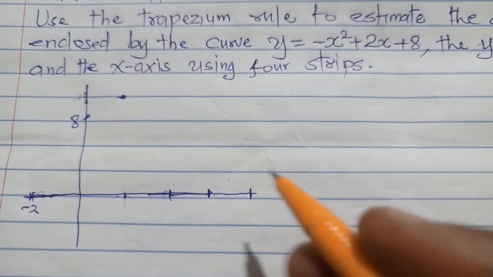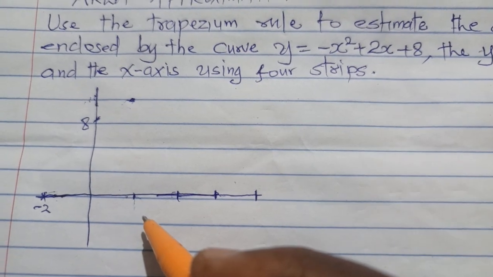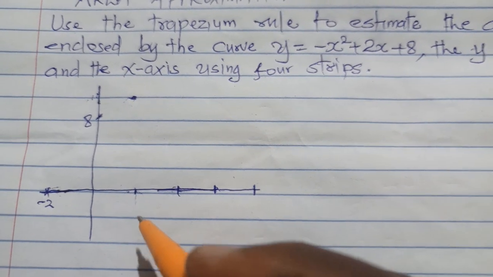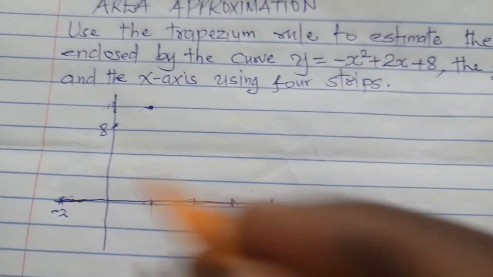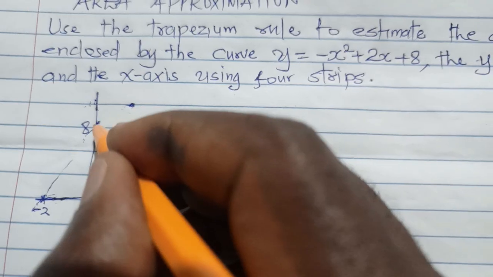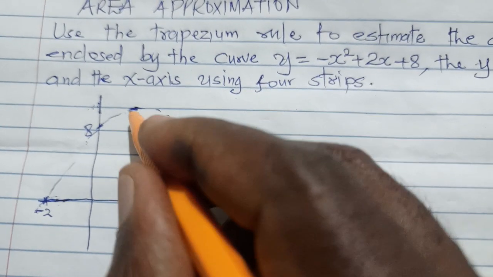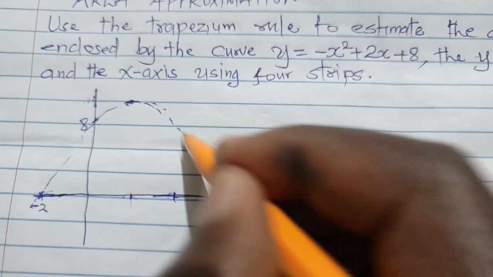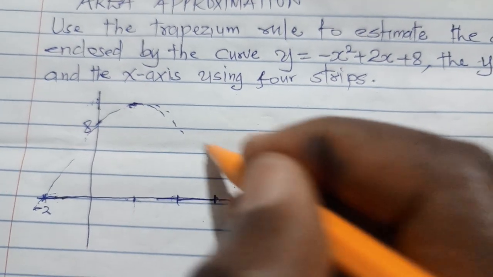Then the other x-intercept is at 4. Remember, a sketch is to give you a rough idea. It might not be very accurate. In fact, it's not expected to be very accurate because it is just a sketch.